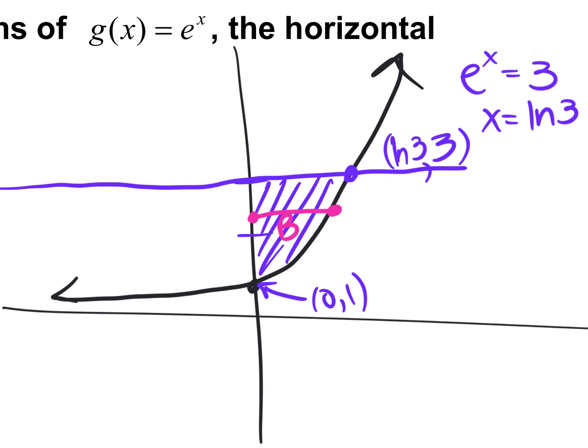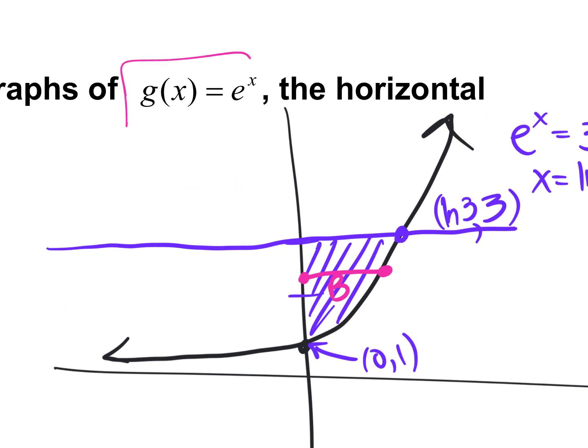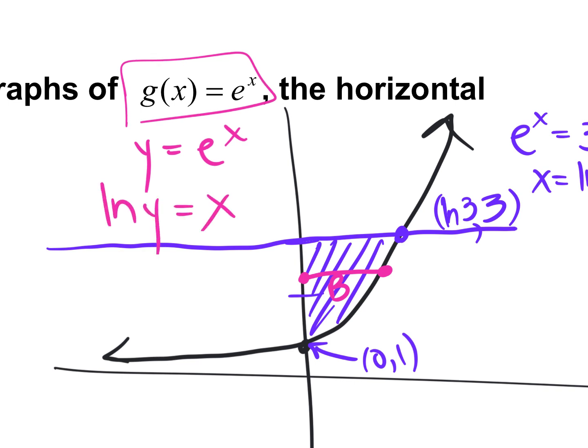If that is B, I need to be able to express the distance of B. And when everything's with the y-axis, what are we going to be doing this in terms of? Everything's going to be y values. So what do I need to do in order to find B? Take this equation and solve it for what? For x. So if this is y equals e to the x, and I want to put it in terms of y, ln of y is equal to x.